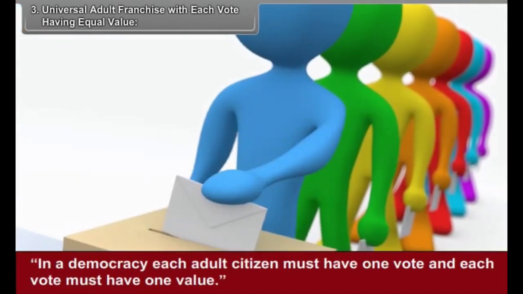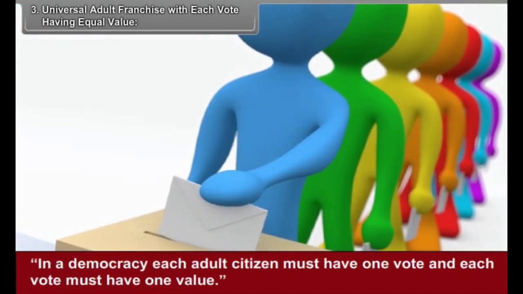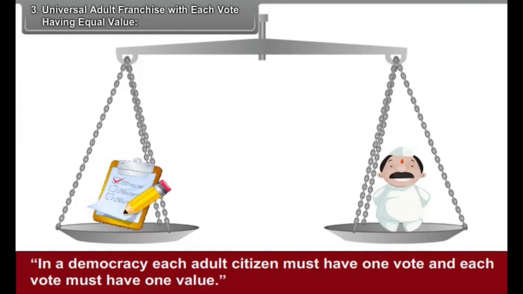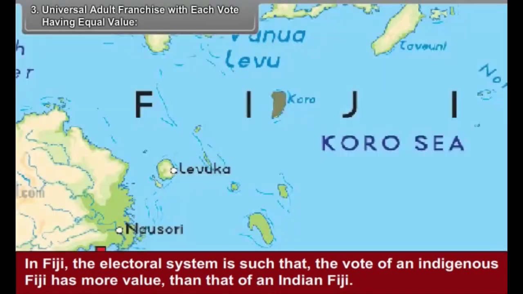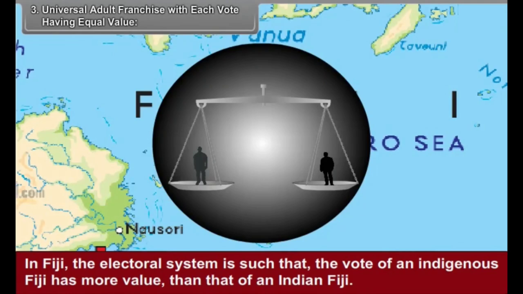In a democracy, each adult citizen must have one vote and each vote must have one value. In Fiji, the electoral system is such that the vote of an indigenous Fijian has more value than that of an Indian Fijian.